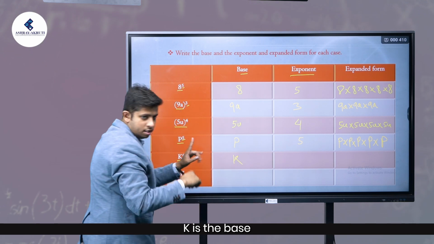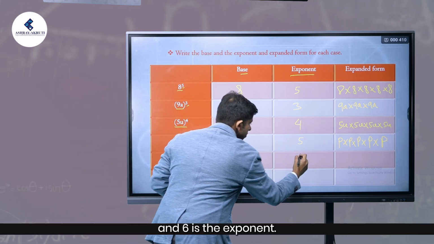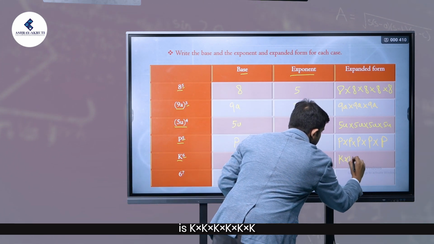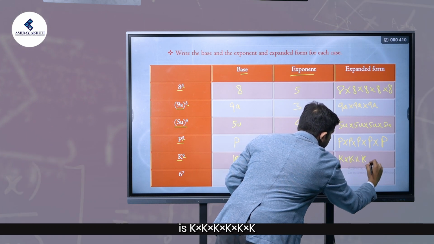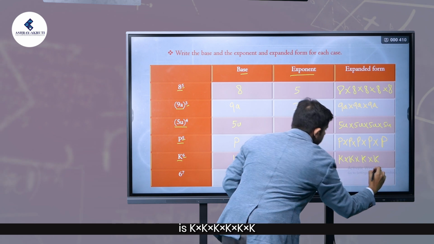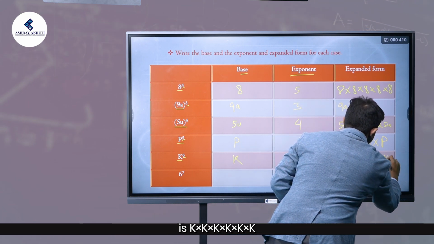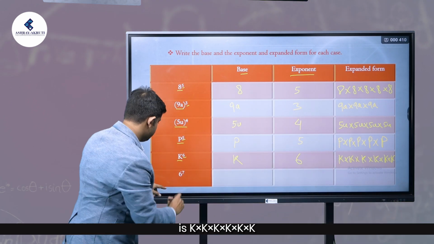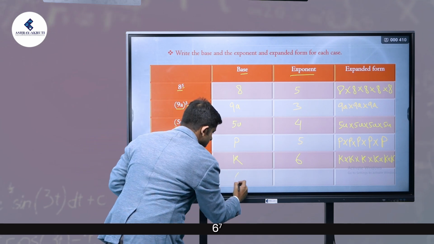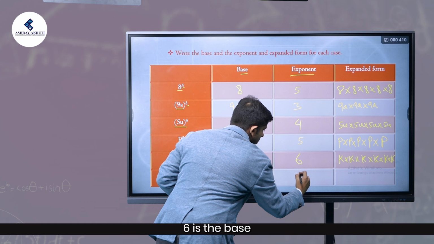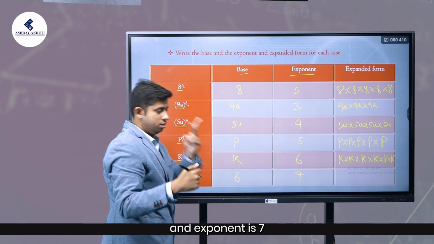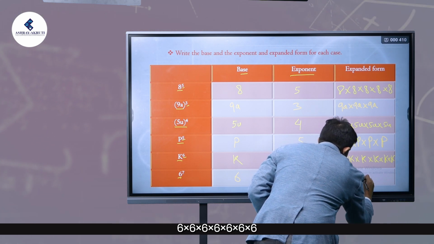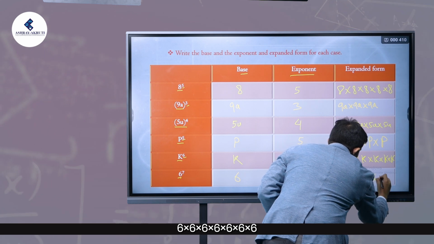K is the base and 6 is the exponent. The expanded form is K into K into K into K into K into K. 6 to the power of 7. 6 is the base and exponent is 7. 6 into 6 into 6 into 6 into 6 into 6 into 6.